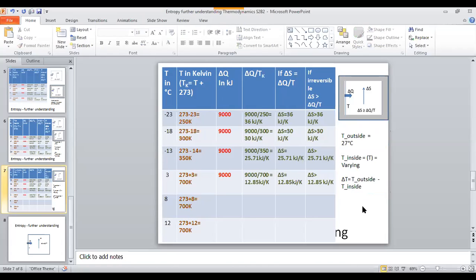This is T Kelvin, T inside. 273 minus 18 is 255.